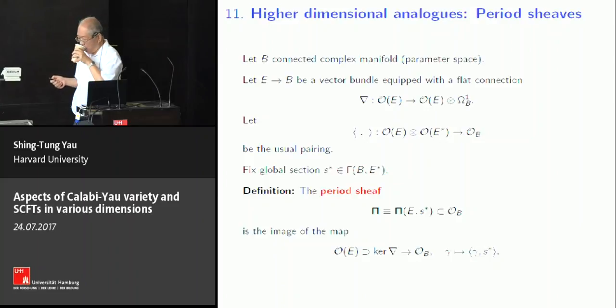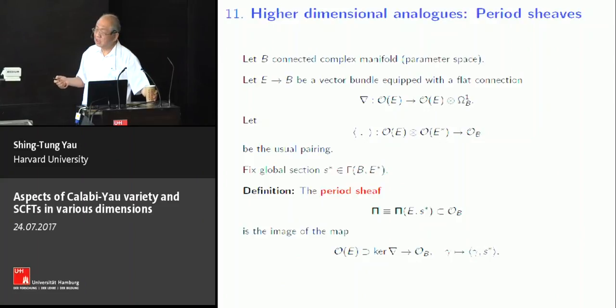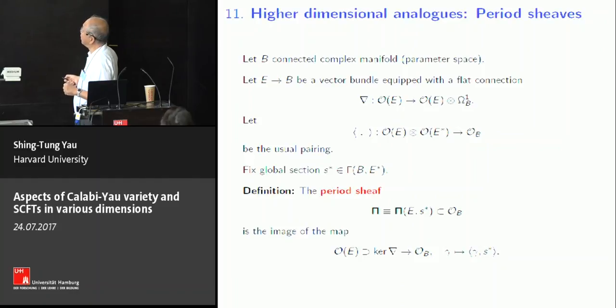E star would be the cohomology. And we define the period sheaf. So once you fix this S star, we define the period sheaf to be a sheaf of functions in the sheaf of holomorphic functions on B. It's the image of the map. You take the kernel of this connection, so that means a flat section, and then you define this.